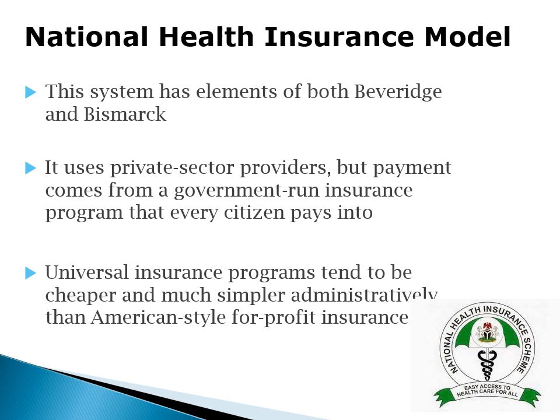These universal insurance programs tend to be cheaper and much simpler administratively than American-style for-profit insurance because there's no advertising, there's no competition, there's no gimmicks, there's no huge salaries for the heads of the companies. They typically run at a 4 to 6% overhead.